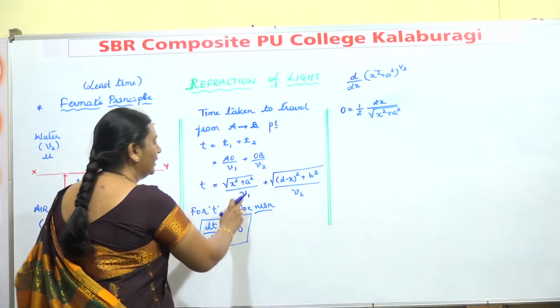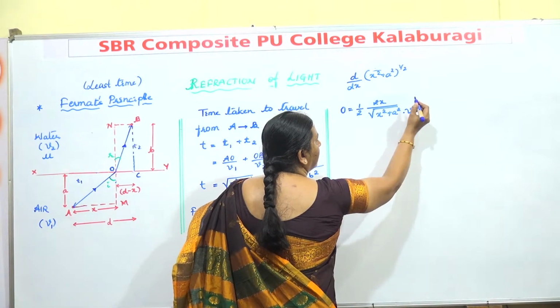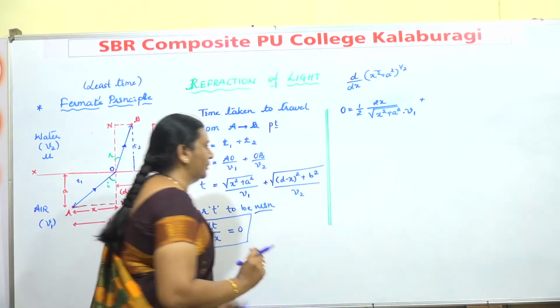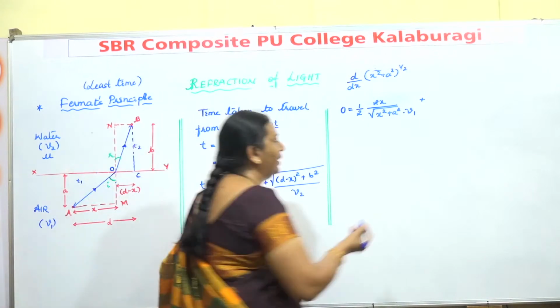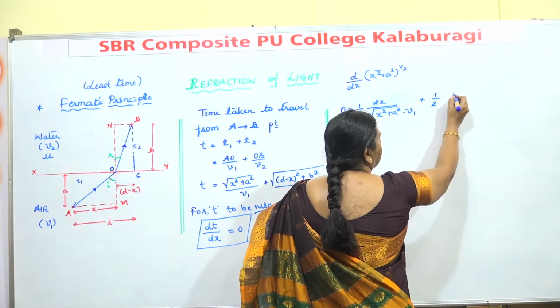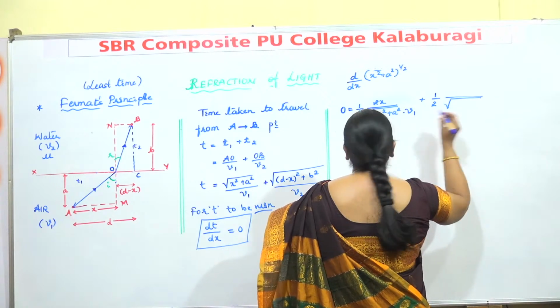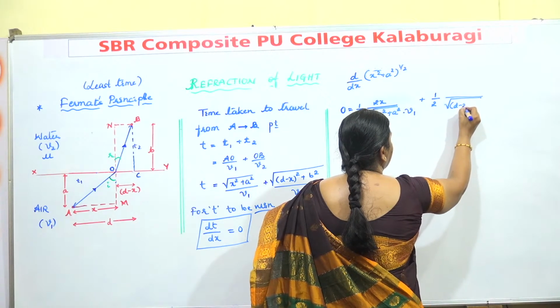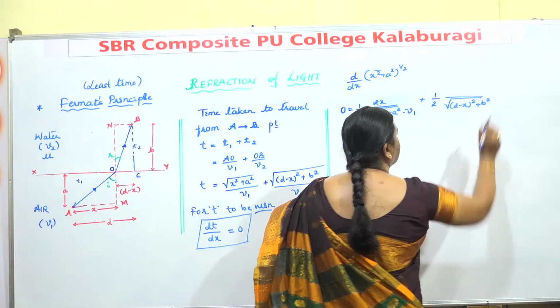But don't forget, divided by v1 is the x term. Next, second term. So this also becomes 1 by 2 times, same thing, so I write directly: 1 by 2 times the square root of d minus x whole square plus b square, because it's also a square root.